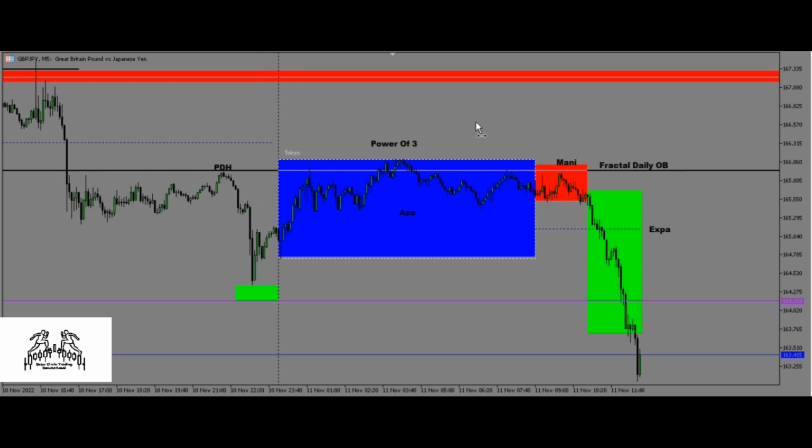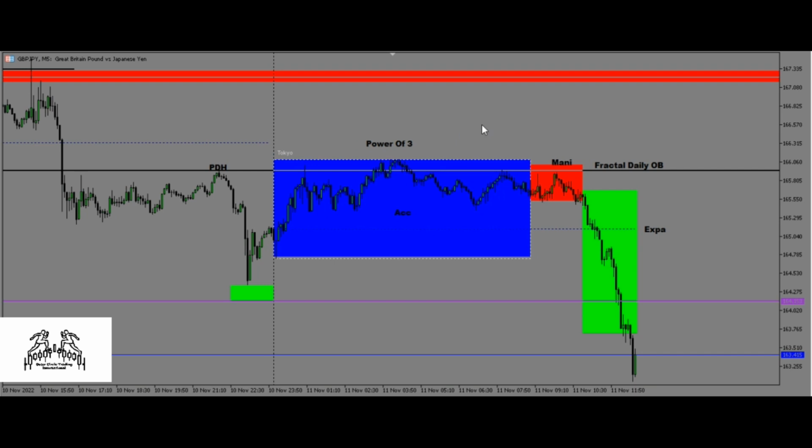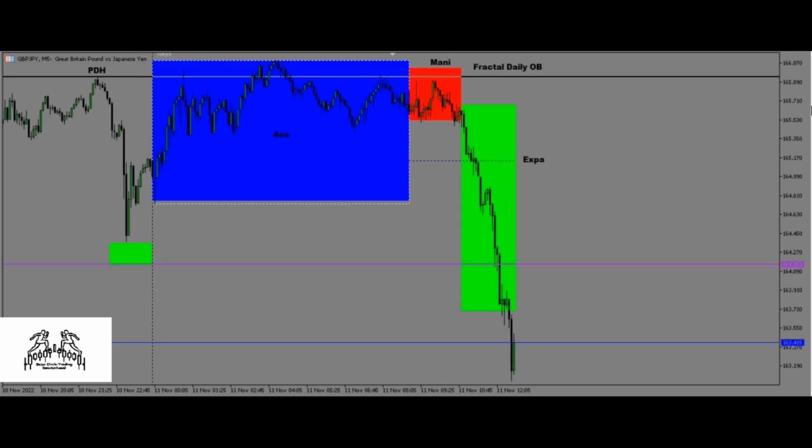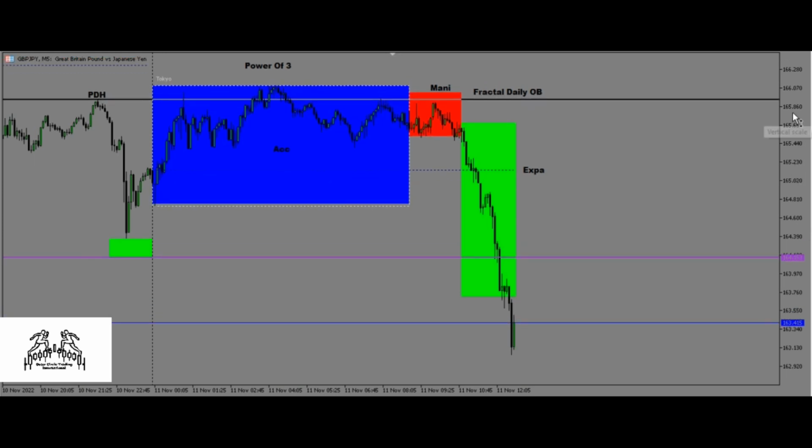So we are having Power here, as I've mentioned before, that with Power you have your accumulation, where institutions are accumulating orders, and you have your manipulation and expansion to the downside if you are bearish.